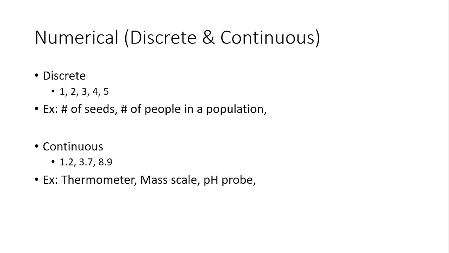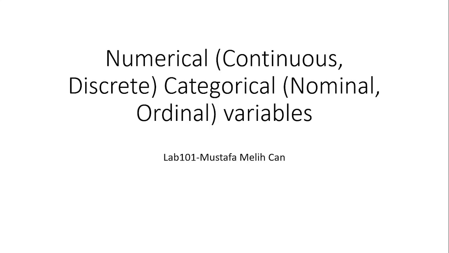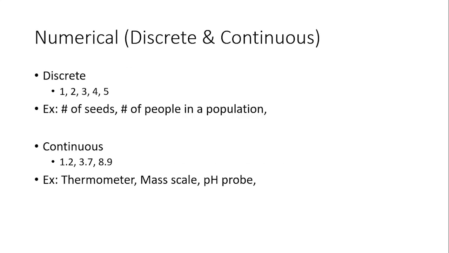So your dependent variable would be a numerical variable, and your independent variable would be a categorical variable. That would change test to test. I will explain those. So we will use both of those terms, dependent variable and independent variable, and we will use these numerical and categorical variables.